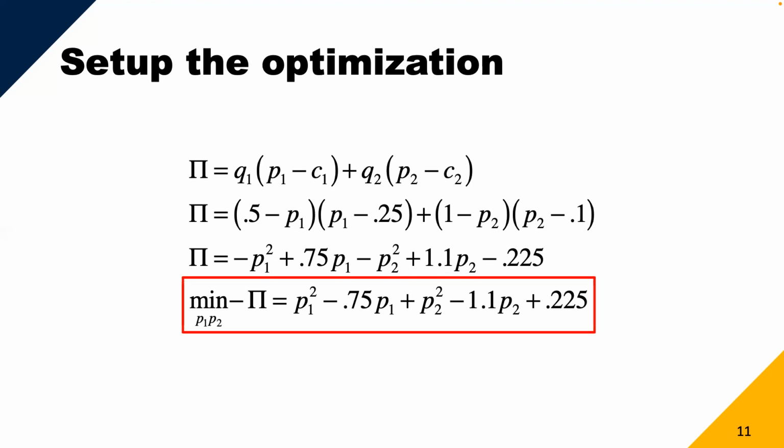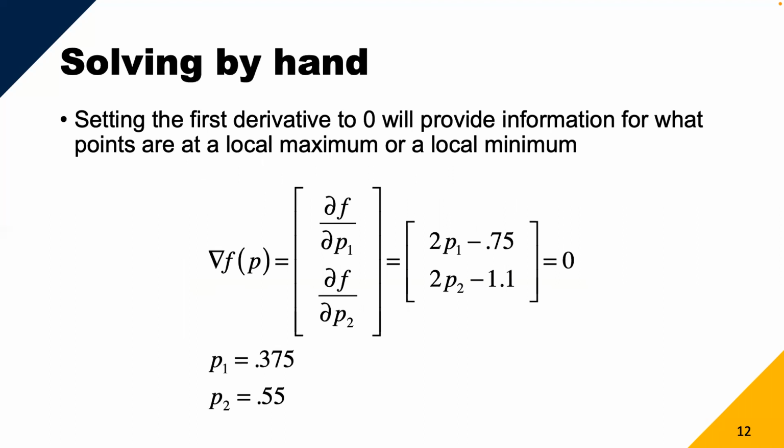So okay, if we solve this by hand, you would do the partial derivative with respect to each of the prices. So if I do the first derivative with respect to P1 and the first derivative with respect to P2, you end up solving for this, and we want to set it equal to 0, which indicates that you are either at a minimum or a maximum.